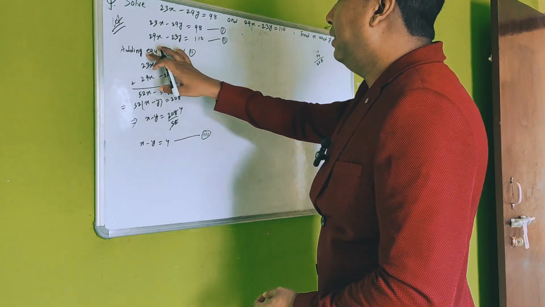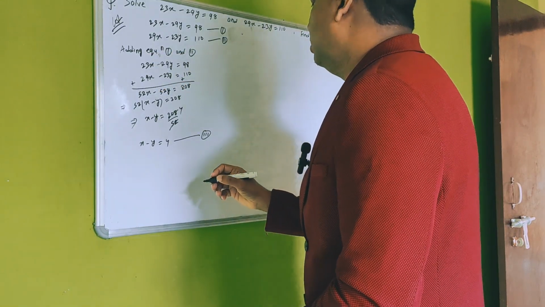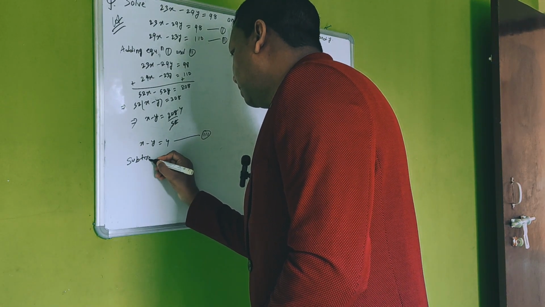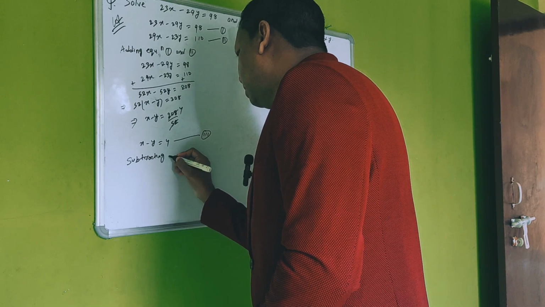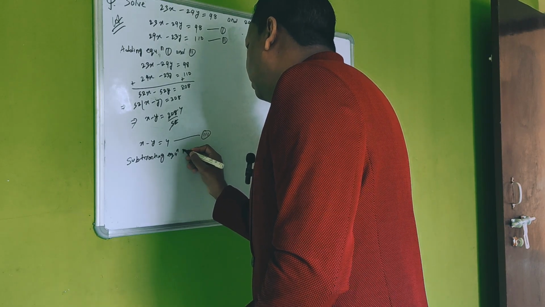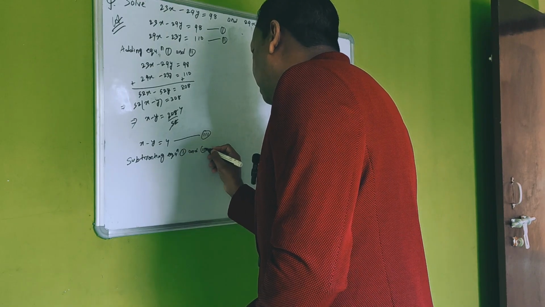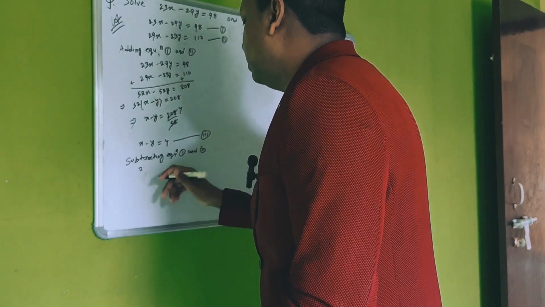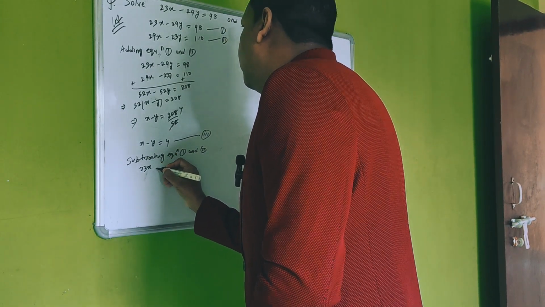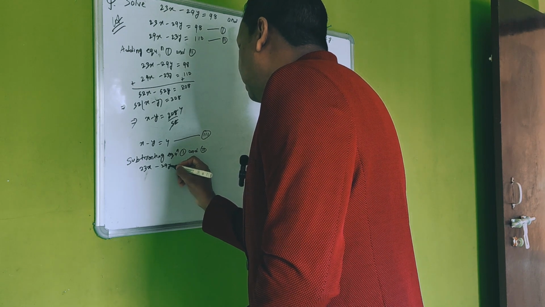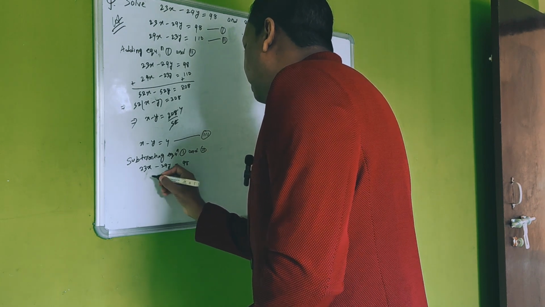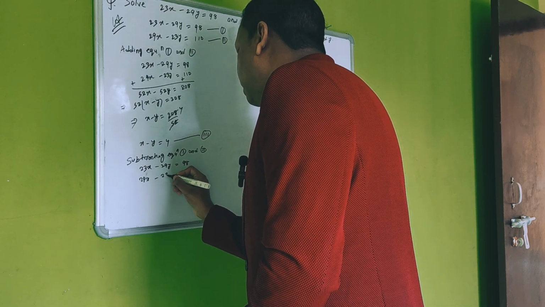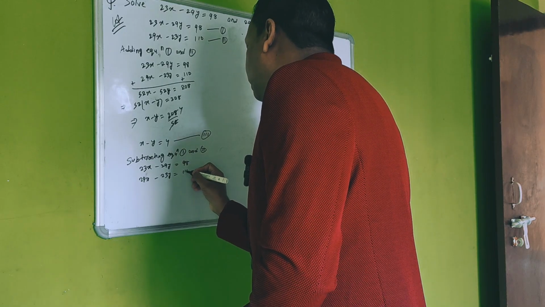This time, I added. Now this time I'm going to subtract the first and second equations. So subtracting equation first and second: first is 23x minus 29y equals 98, and 29x minus 23y equals 110.